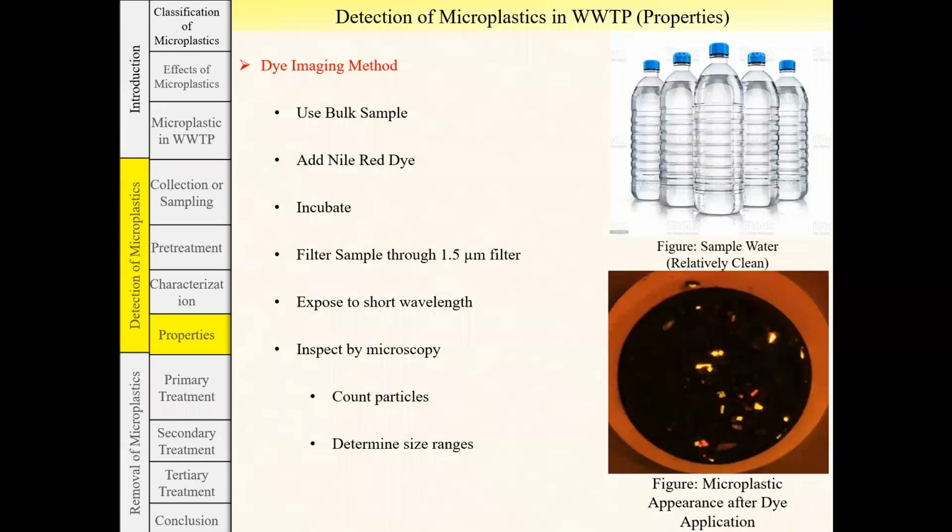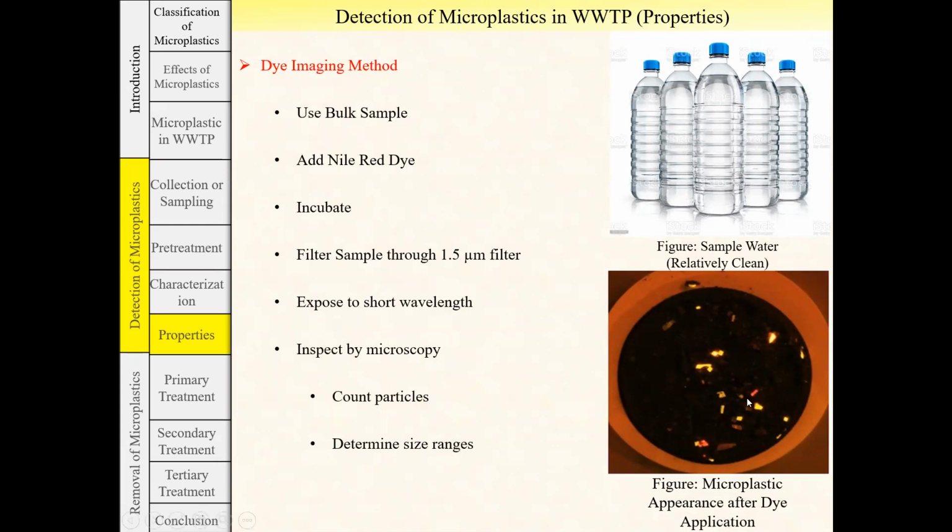In the dye imaging method, we collect the sample in a beaker or water bottle. Then we add Nile red dye to it and incubate it for 24 hours. After that, the microplastics appear like in the figure.